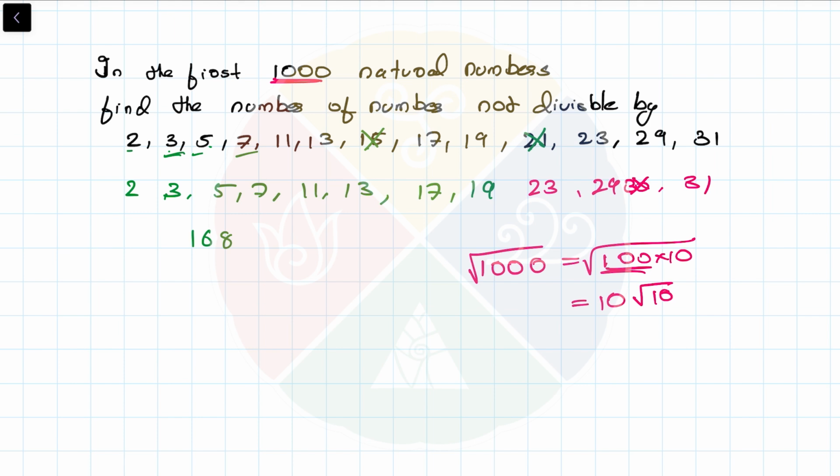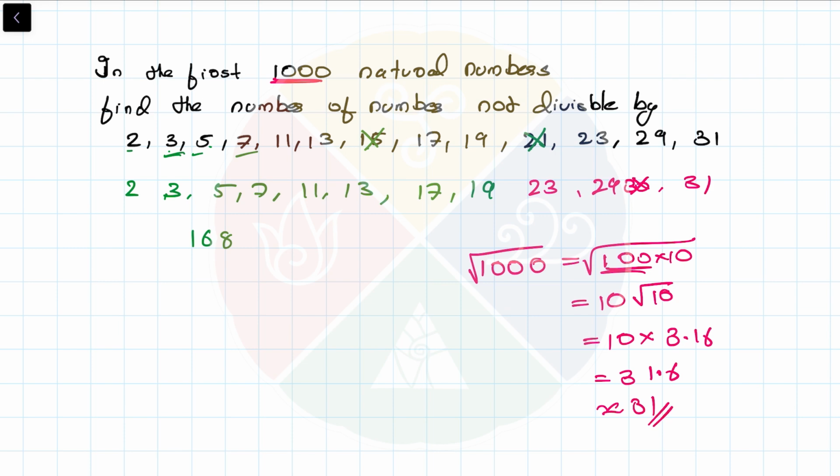Root 10 value you should actually learn, because it will come. It's similar to pi, but it is different. It is 3.16 something. So the square root of 1000 is going to be 31.6. Now I can just round it to, let's say, 31.